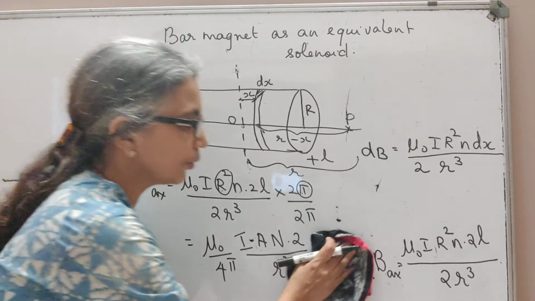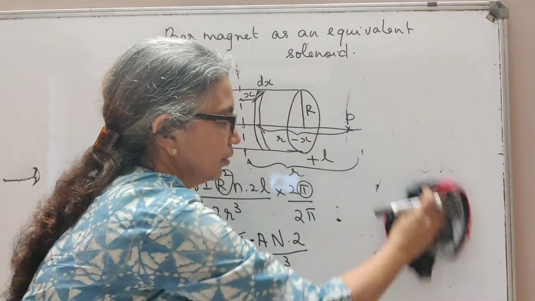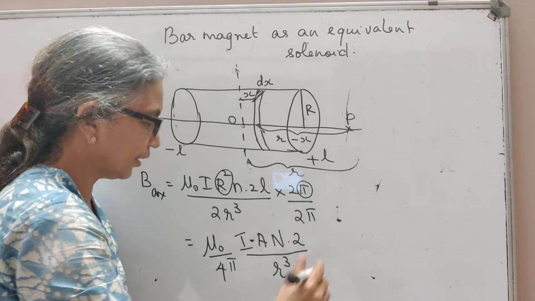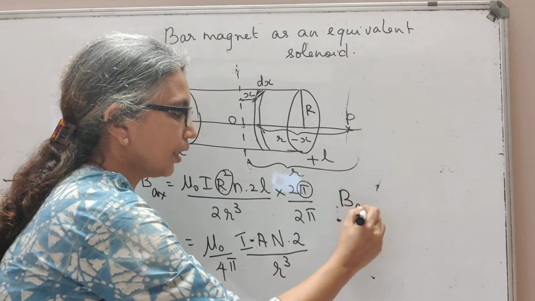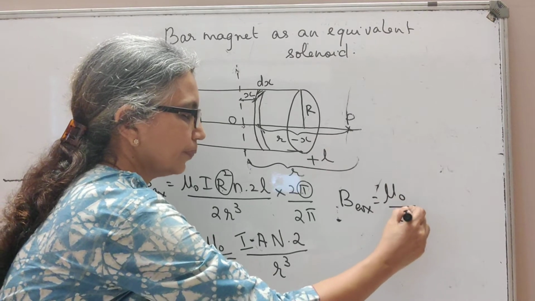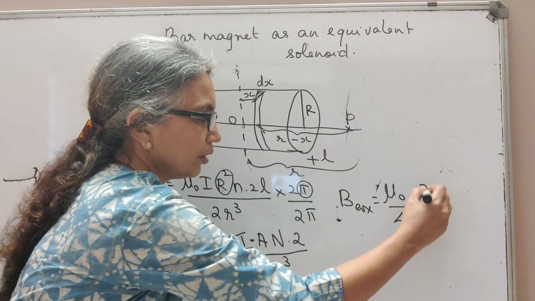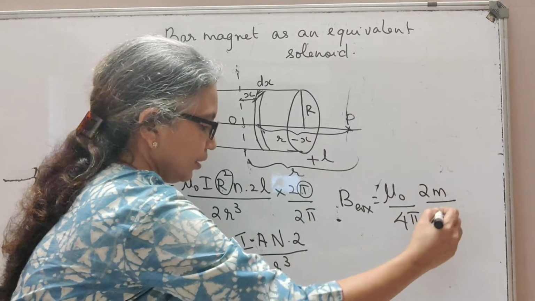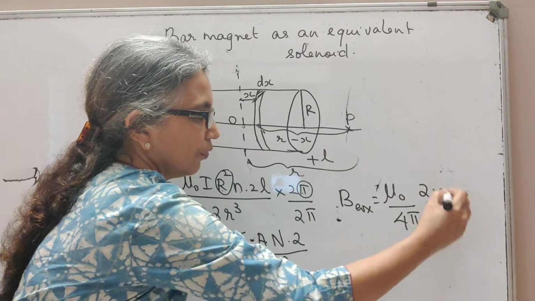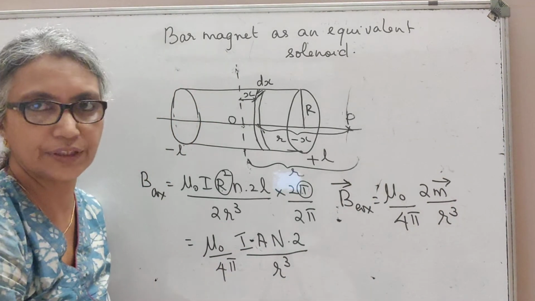So the final equation will now be, B axial is equal to mu 0 by 4 pi. I'm replacing NIA with magnetic dipole moment. So 2m divided by r cube, where m is the dipole moment and B axial is the vector.